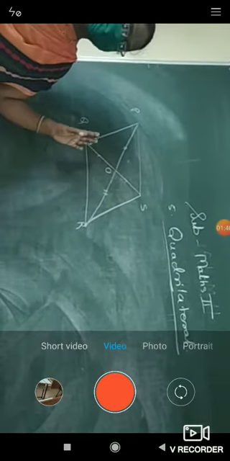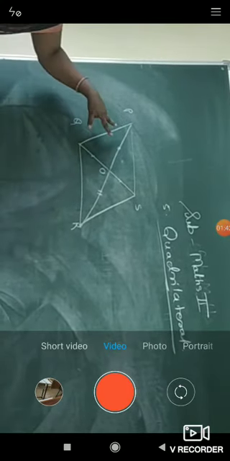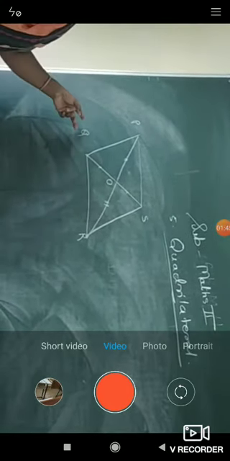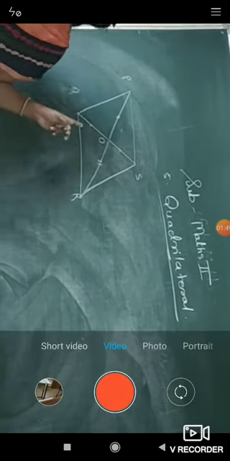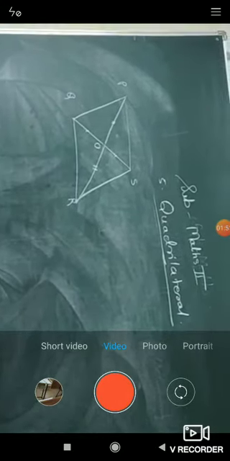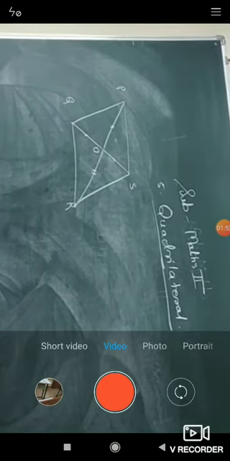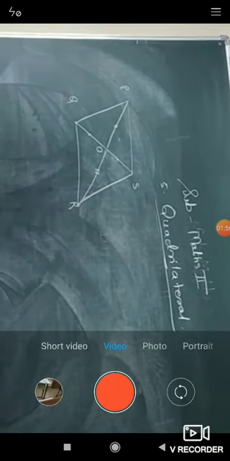From the activity we are understanding, you just do this activity and see whether OP is equal to OR and OQ is equal to OS or not. So after this activity, we will see theoretically how we can prove that the diagonals of a parallelogram bisect each other.